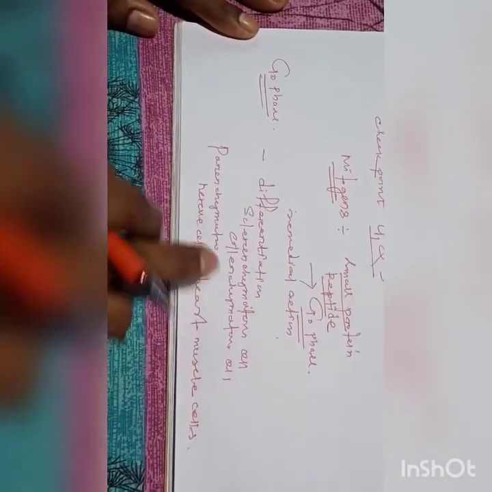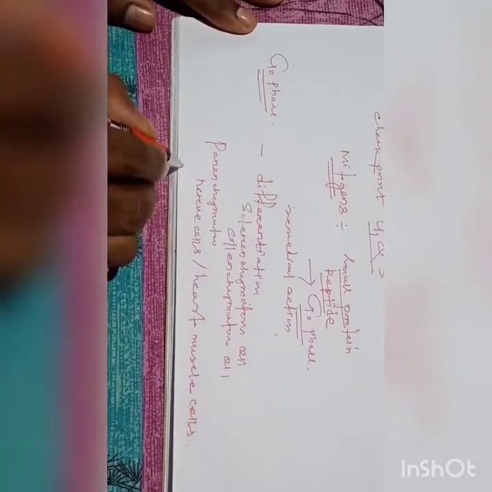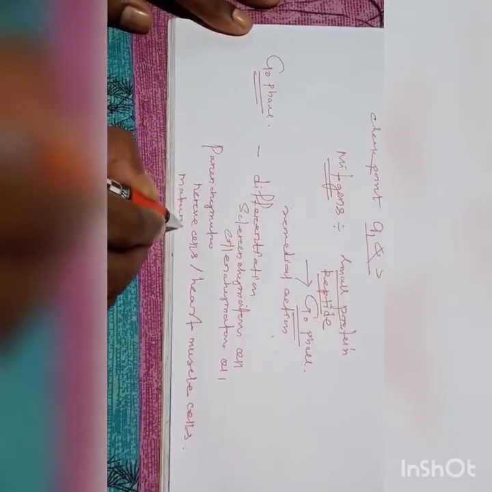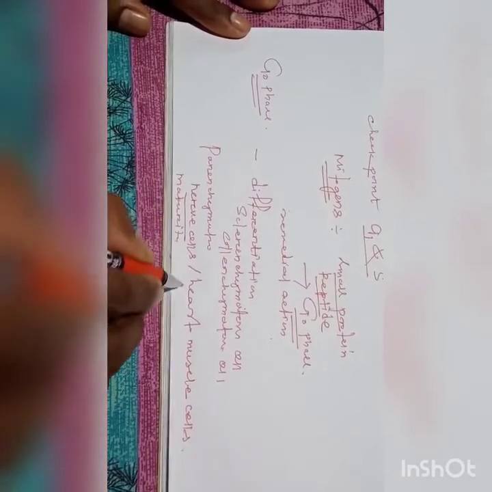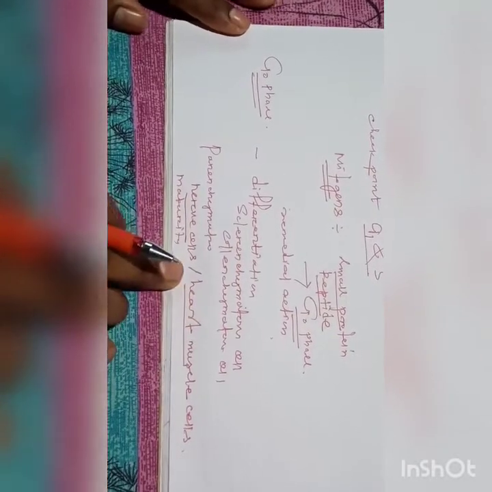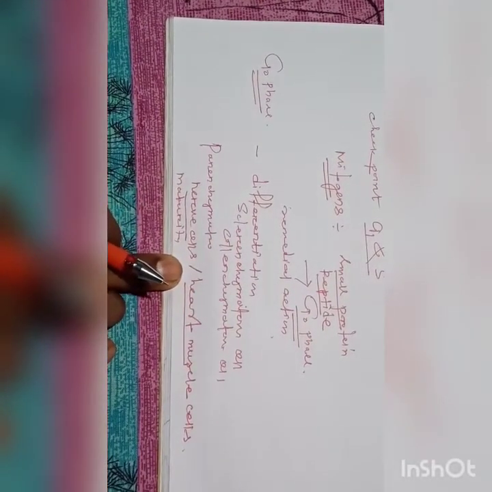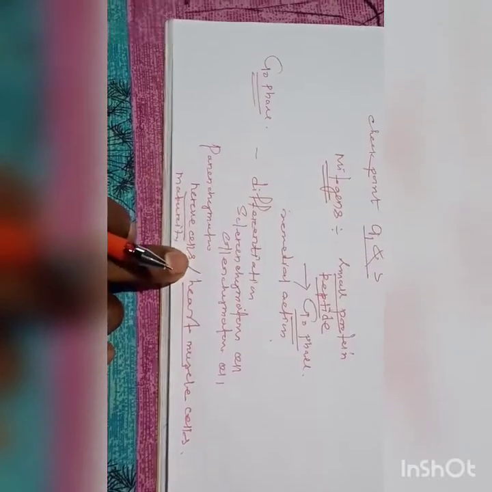They remain in G0 phase when they reach maturity. So these cells do not divide. The nerve cells and heart muscle cells remain in G0 stage, or in post-mitotic phase, when they reach maturity.